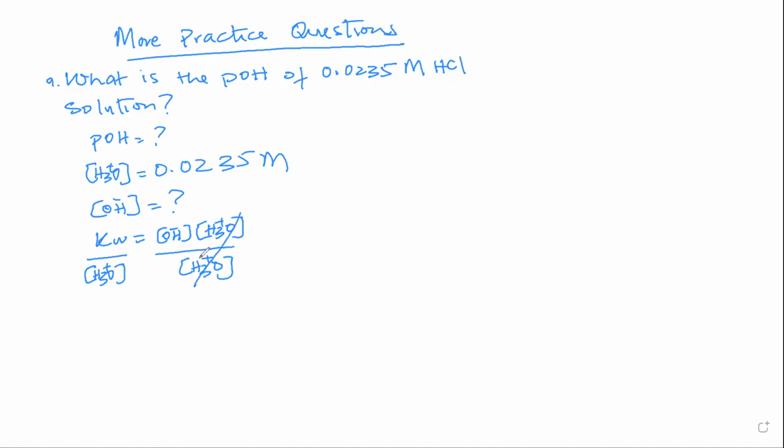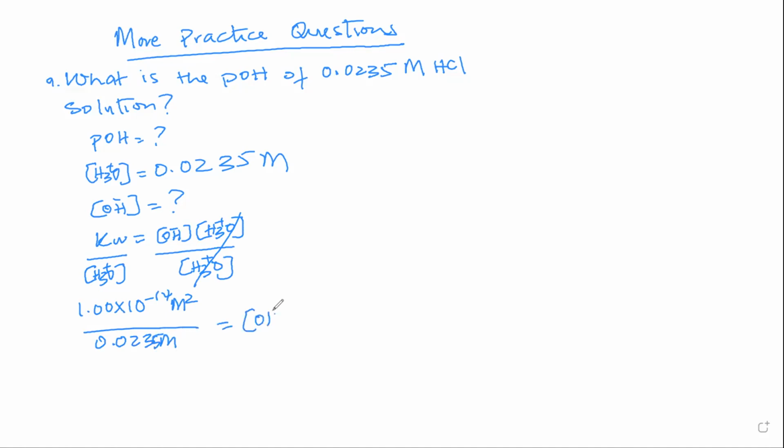Now if you want, you can bring this to the left, it doesn't matter. So this will be 1.00 times 10 to negative 14, the unit is supposed to be this, all over 0.0235 molar.